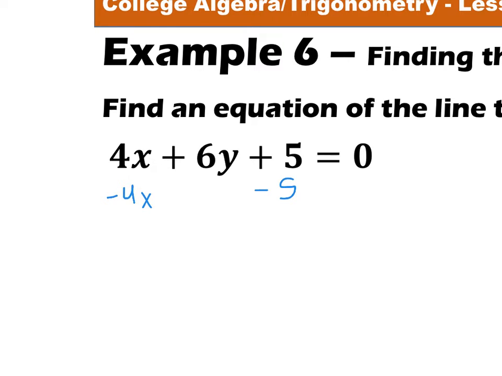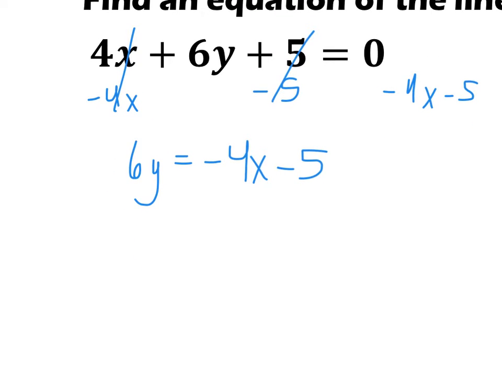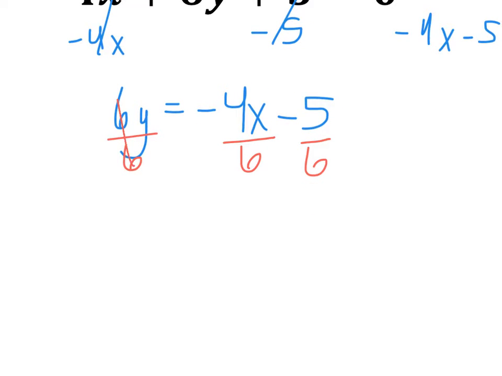Okay. From both sides, right? Yes? Okay, so that goes away. So I have 6y equals negative 4x minus 5. Now what do I do? Divide everything by 6. So I have y equals negative what? Negative 2/3, 4 over 6, but 2/3 x minus 5 over 6, right?